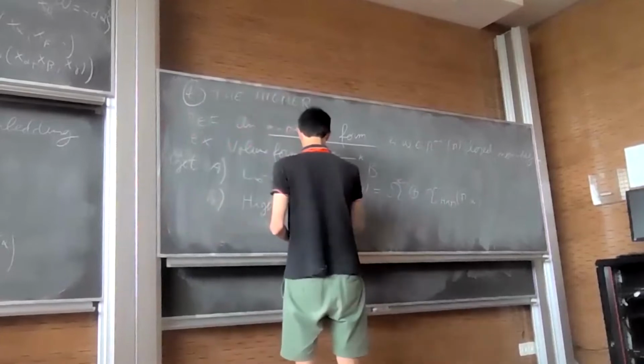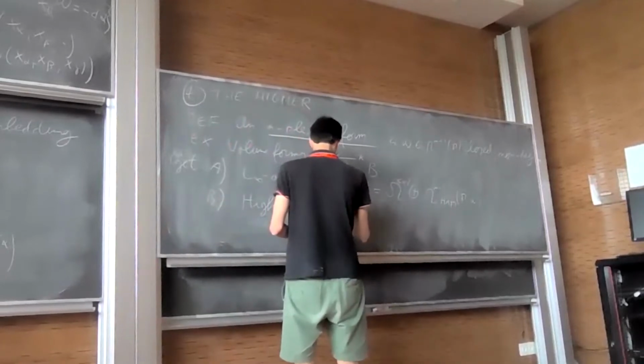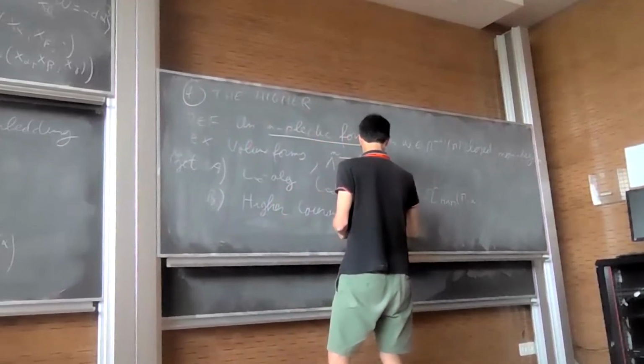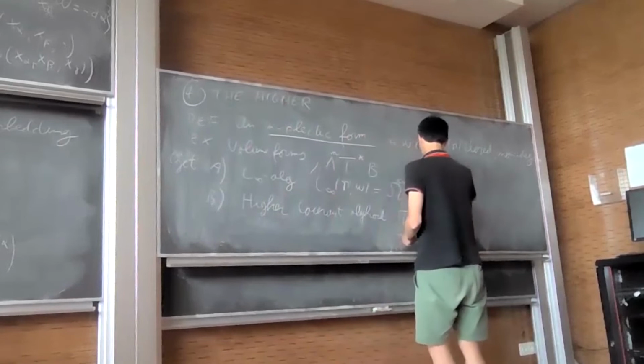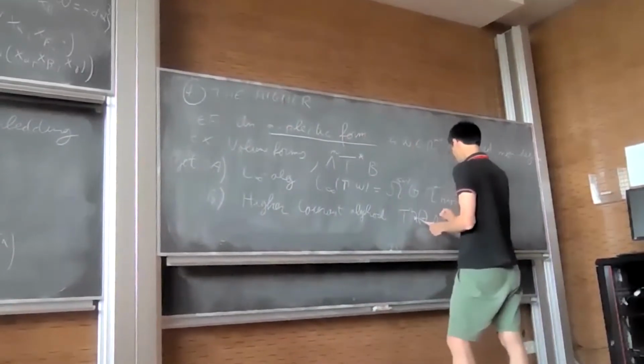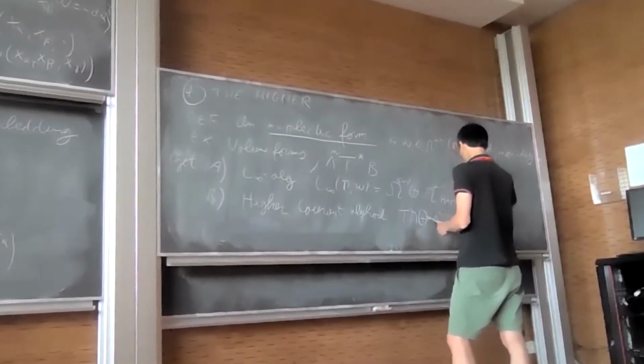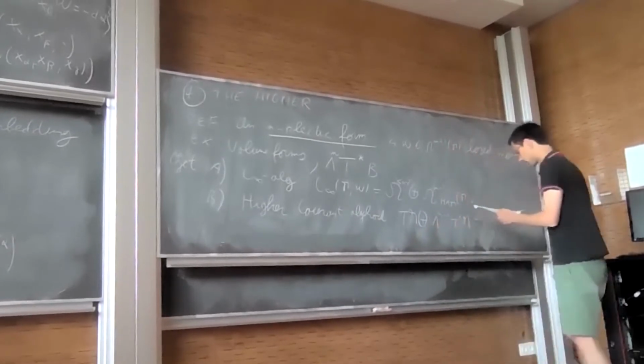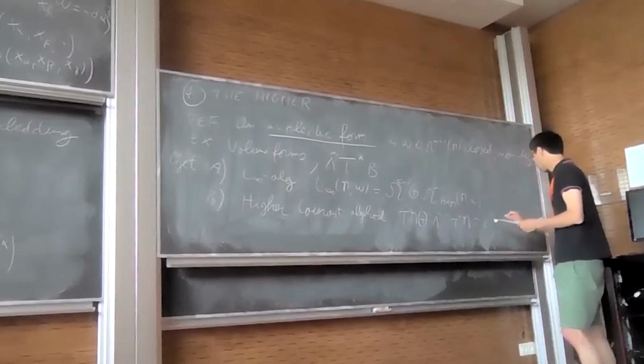And you can get something called a higher Courant algebroid: TM plus wedge, again with the bracket twisted by omega.